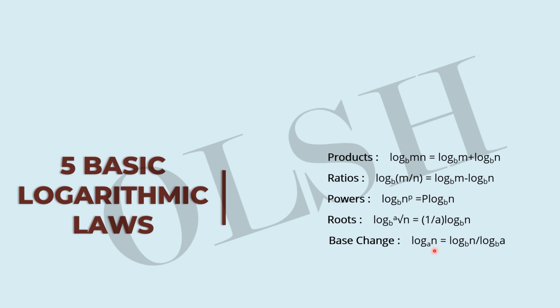If you look on the right hand side, you have the base changed to b, while on the left hand side it was previously a. But then to do this, of course, we find the log of that number to base b, and then find the log of the previous base to base b, and divide both expressions, and we're going to have a new number with the base change.